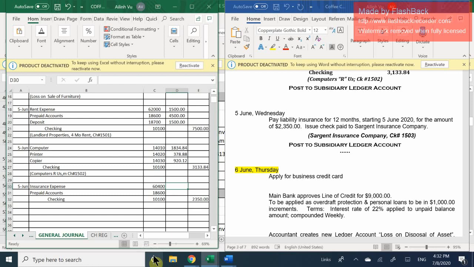So how do I find out how much one month's insurance expense is going to be? Oh, just divide it by 12. Correct. Well, but this is June 5th. Yeah, then we have to break that one down. Why would you break it down? Well, because you're not paying for the whole month, right? How insurance works is you don't break it down by day.